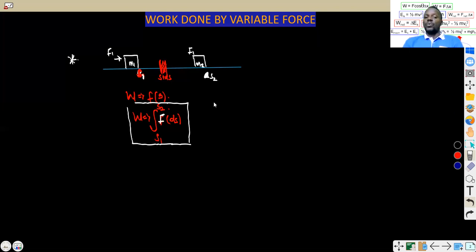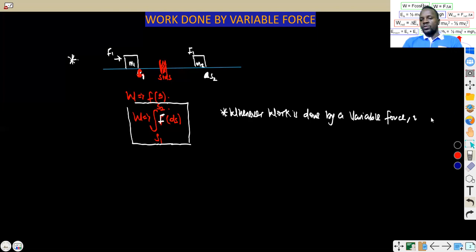So be careful, and put down a note: whenever work is done by a variable force, we use integration of the work done formula.